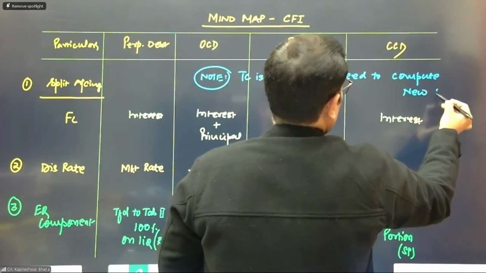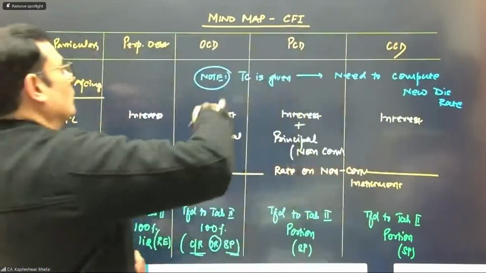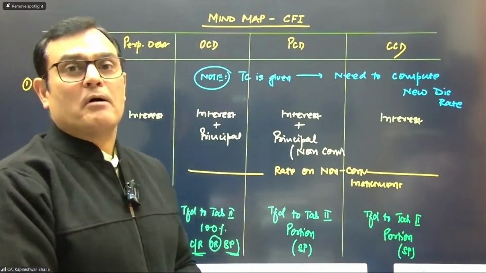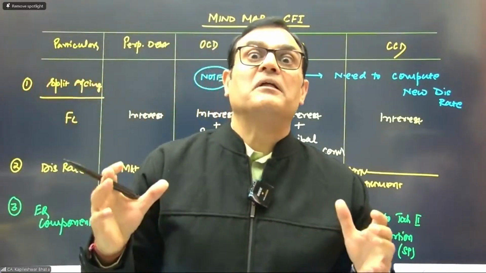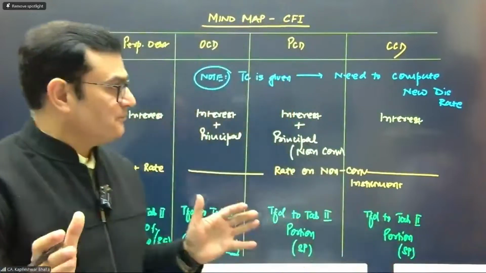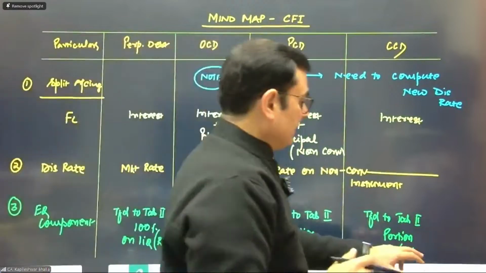And how do you calculate a new discount rate? That we've already seen in the question. Wonderful indeed. I think my entire concept of compound financial instruments with a complete level of detail is taken care of. Super. Okay, now let's come back to the journey.